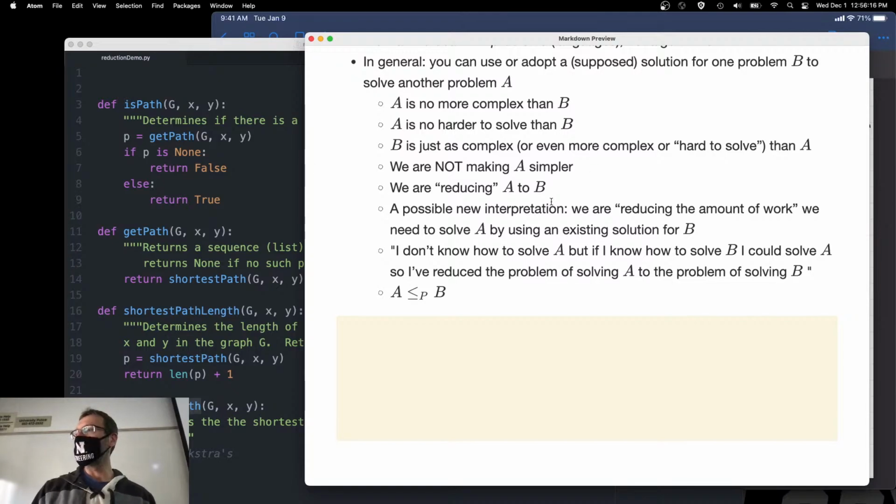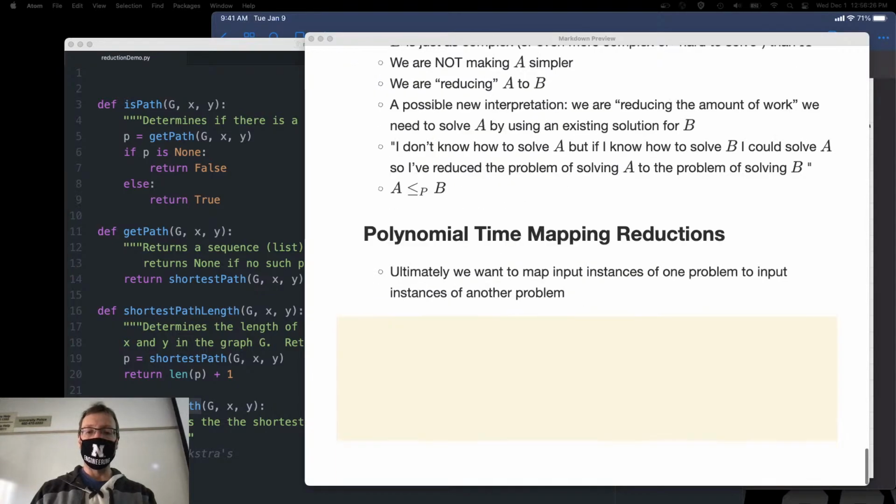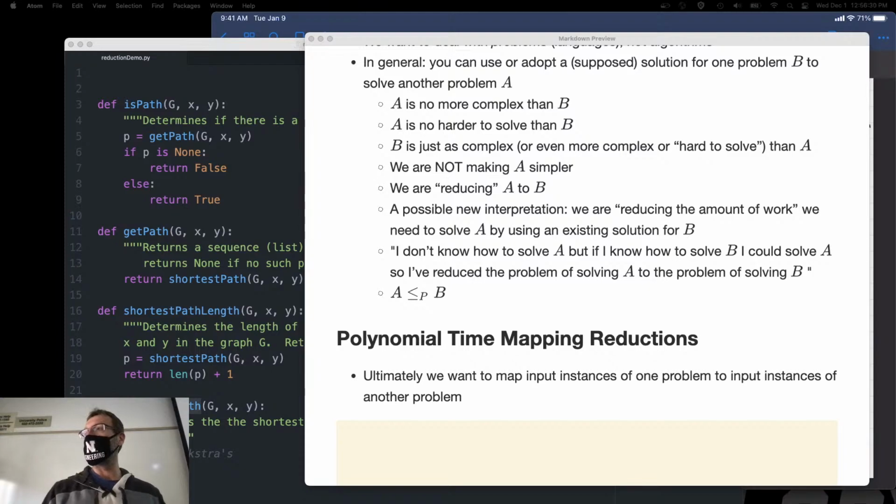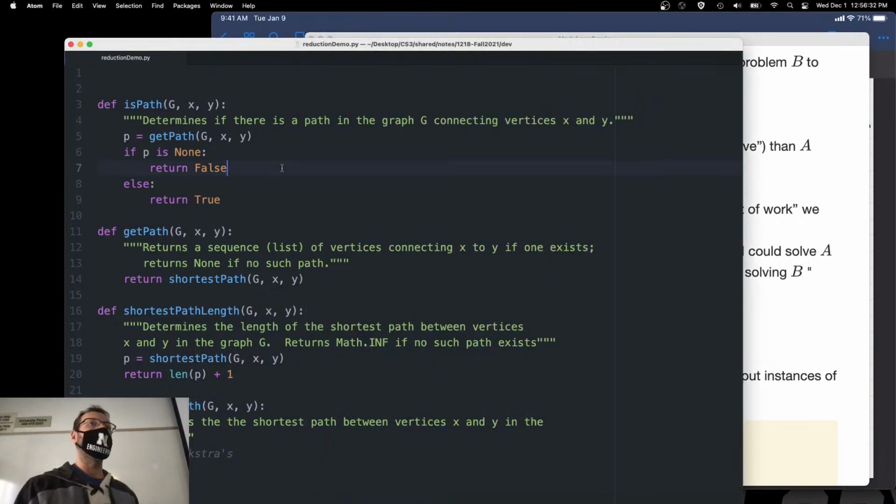I've reduced the problem of solving A to the problem of solving B, and that's it. And then we use this symbol right here, less than or equal to, with a little p down below, to indicate that it's a polynomial time reduction. Now, what is that exactly? Everything that I just showed you over here is technically a Turing reduction, because I'm not worried about the resources required to actually compute this function.